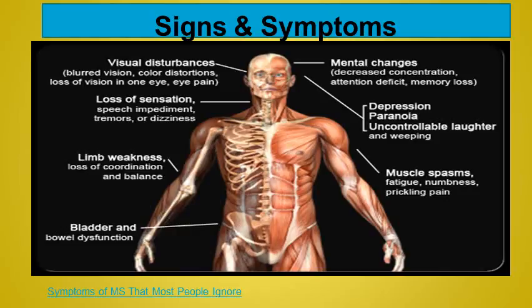You will notice that your patient will have fatigue, tremors, and spasticity of muscles, because they are not able to transmit those impulses as well. They will have bowel and bladder dysfunction, decreased peripheral sensation, visual disturbances, and emotional instability.